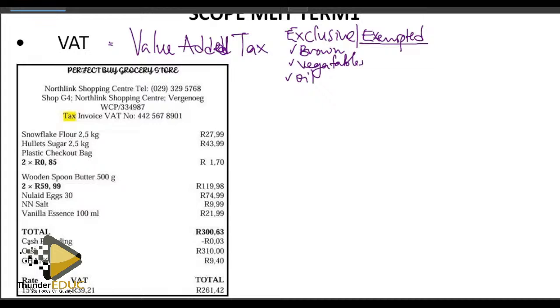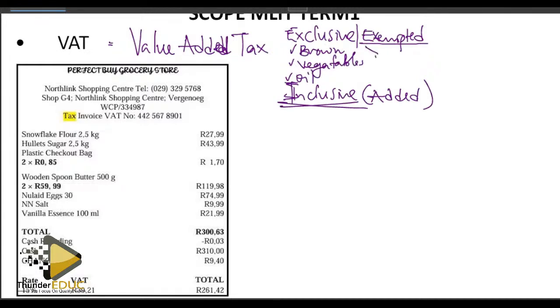Then what about the ones that include VAT? We call them VAT inclusive. The moment you hear the word inclusive, you know very well that VAT has been added. Things like tomato sauce. We look at things like white bread, you know.